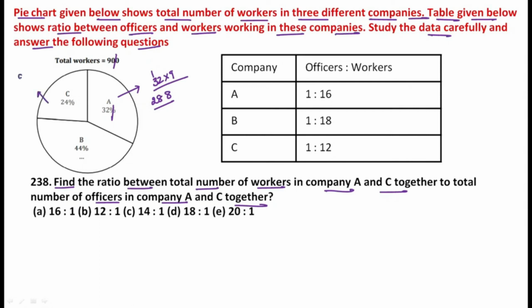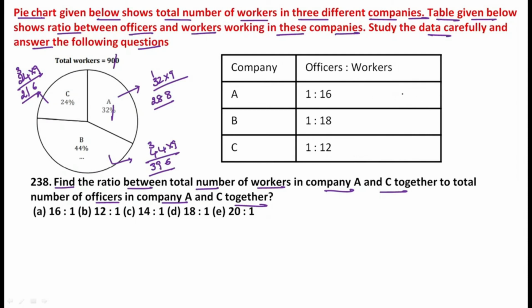For C, again multiply 24 into 9. 9 fours are 36, 9 twos are 18, 216. Now for B, the value is 44 into 9. 9 fours are 36, 396. Now you have to divide it in the ratio of 1 is to 16.